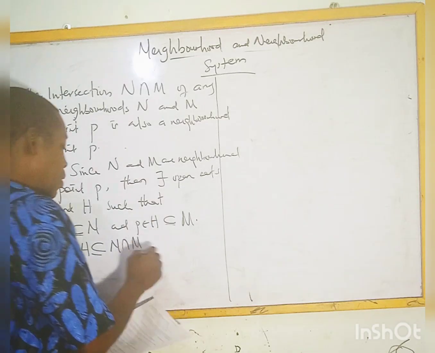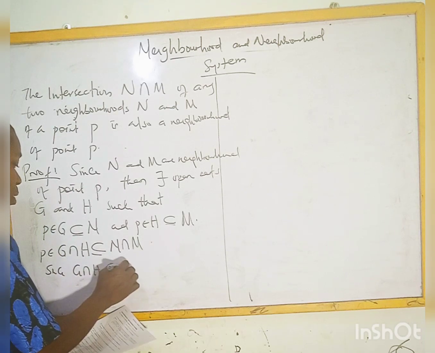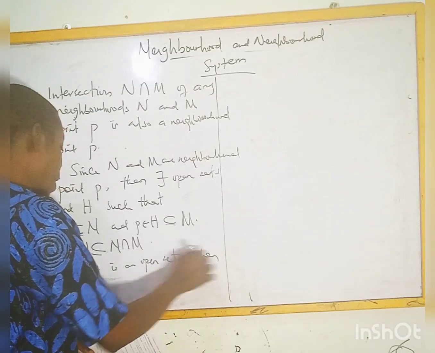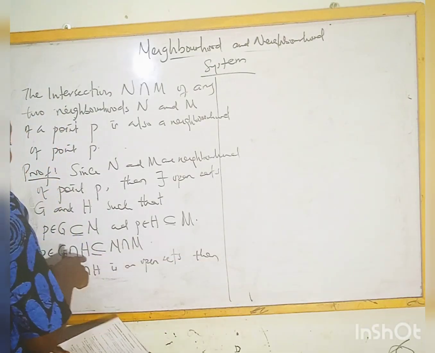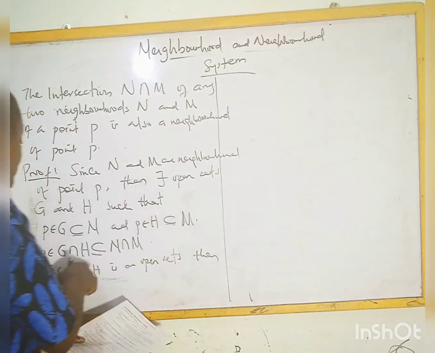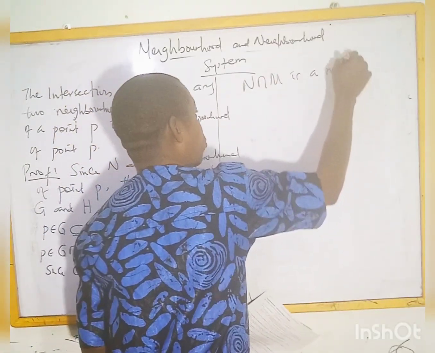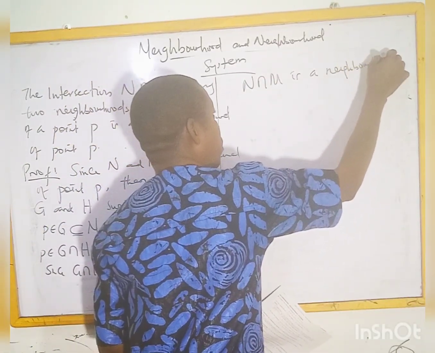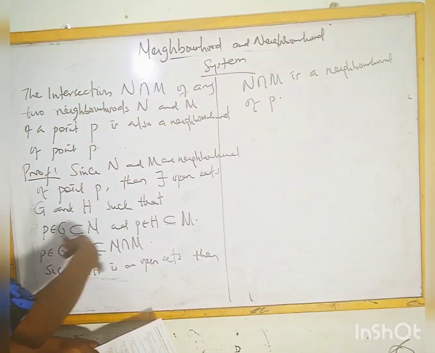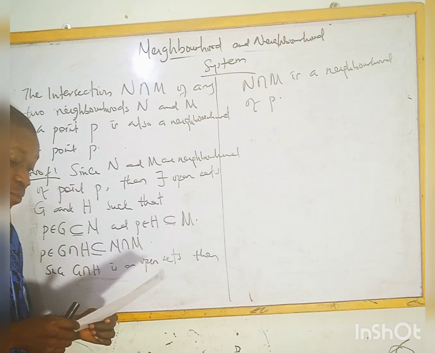So, since G intersection H is an open set, and it is an open set of N, then I can now say that N intersection M is a neighborhood of P. So that is just the simple proof, a simple proof that you can actually achieve that.